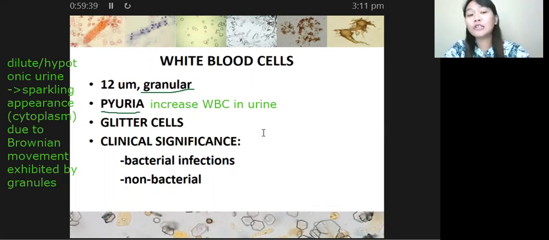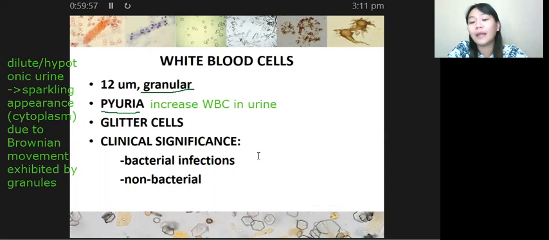It could also indicate infection of your urethra, which we refer to as urethritis. In males, it could indicate infection of the prostate gland, which we refer to as prostatitis.